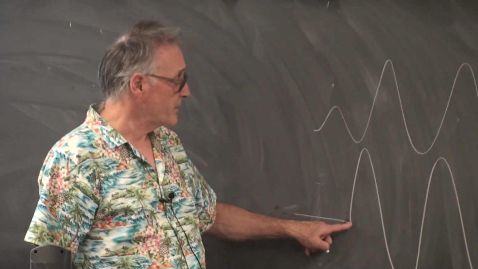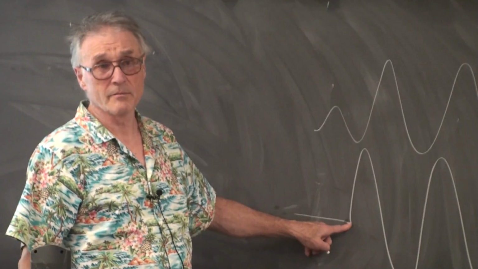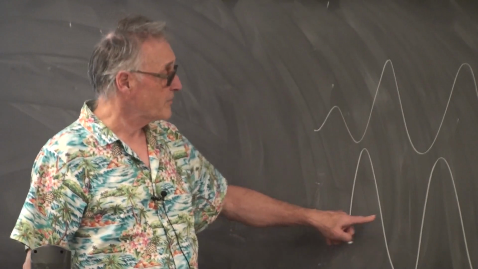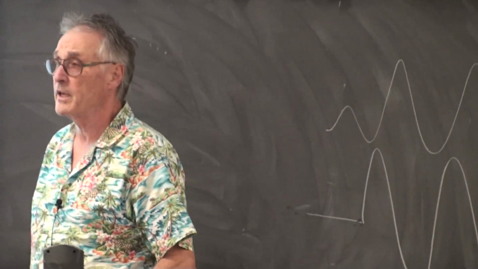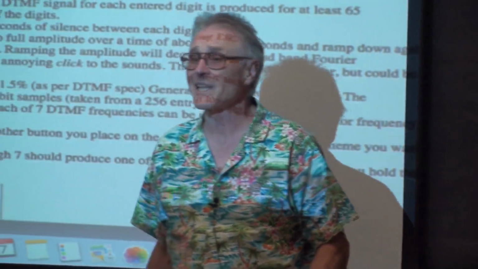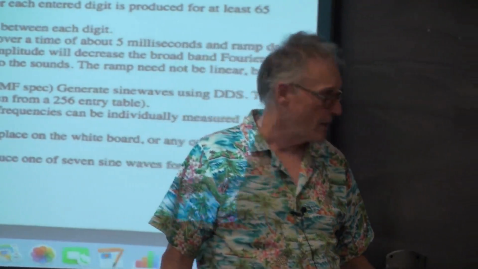And the way you'll hear this is for a short burst, like a 60 millisecond burst. If you have sharp corners at the beginning and the end, you will hear that as if there was a high energy square wave playing. In other words, it will click. And it's very annoying.